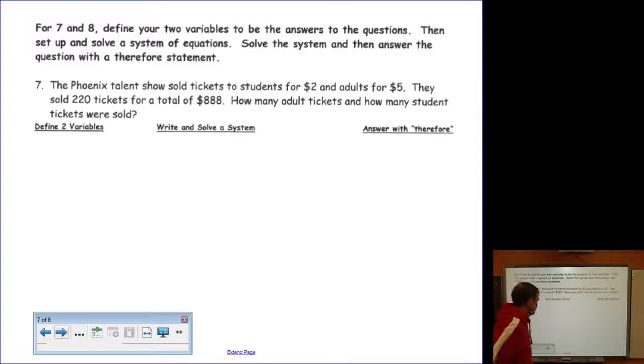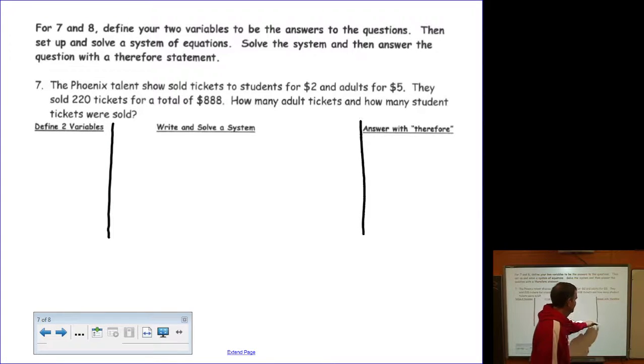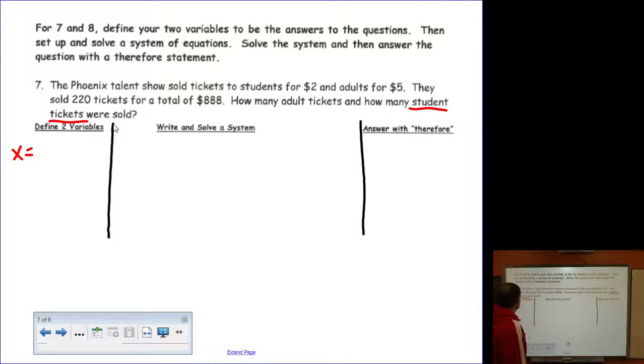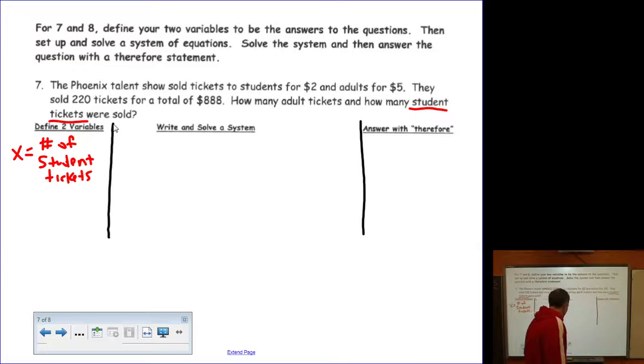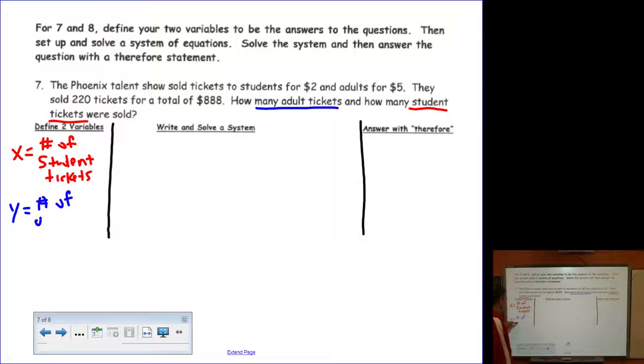Problem number 7 is a story problem. I'm going to want to go ahead and define a couple variables. My variables in this case are going to be x equals, I'm going to use x for the number of student tickets, and I'm going to go ahead and make y the number of adult tickets.